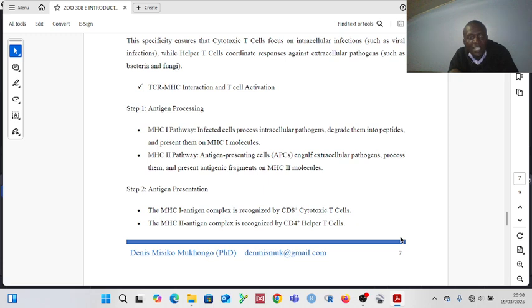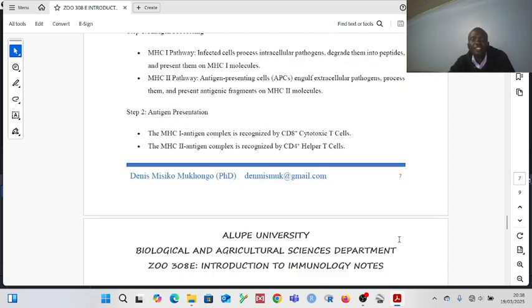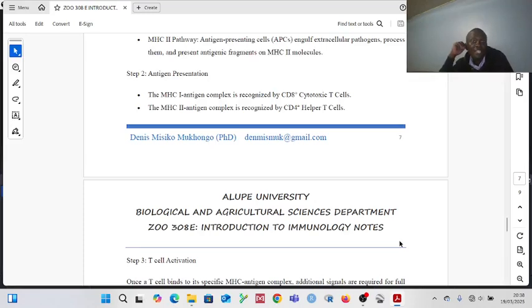So now that is the processing. But the second step is the antigen presentation. The MHC class 1 antigen complex is recognized by CD8 cytotoxic T cells. Then the MHC class 2 antigen complex is recognized by CD4 helper T cells.